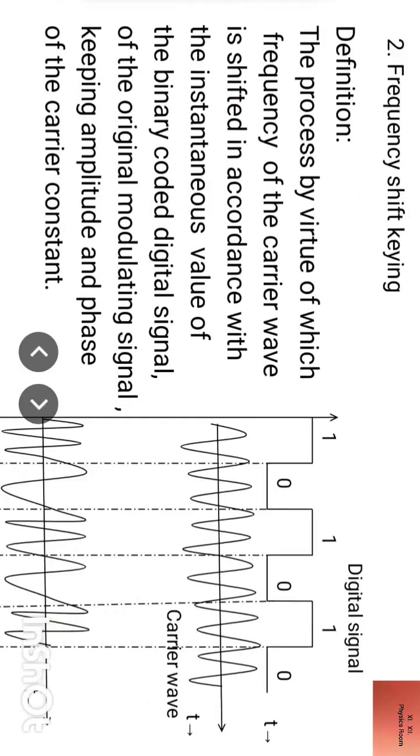Okay. Now second, frequency shift keying. Let us first define frequency shift keying: the process by virtue of which the frequency of the carrier wave is shifted in accordance with the instantaneous value of the binary coded digital signal of the original modulating signal, keeping the amplitude and phase of the carrier constant, is defined as frequency shift keying.